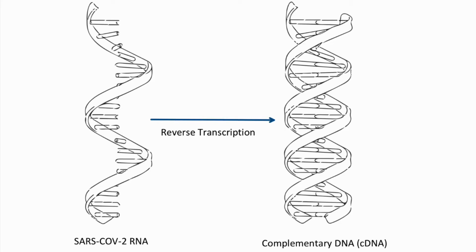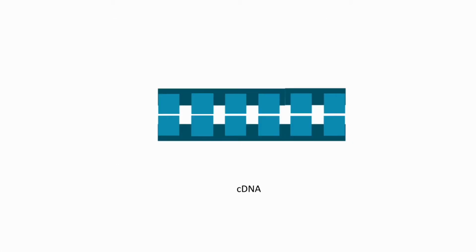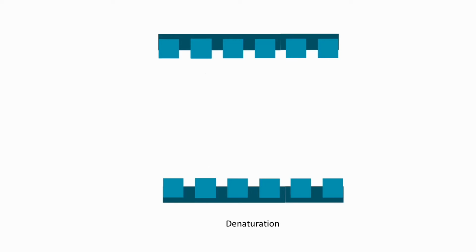So now we're going to look at different simplified steps of PCR. As mentioned before, cDNA, which is also called the complementary DNA, which was formed from the process of reverse transcription, is needed for PCR. The first step is called denaturation. It causes the double helix of the cDNA to separate, exposing each nucleotide.